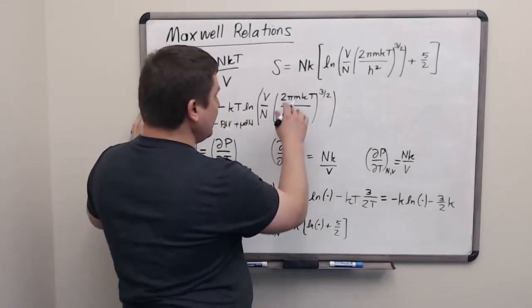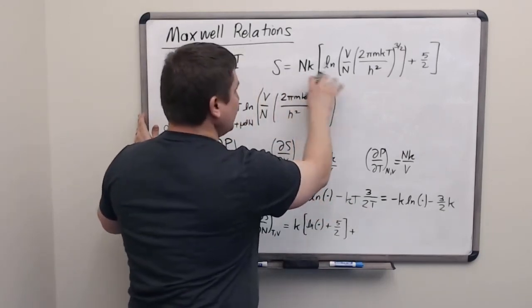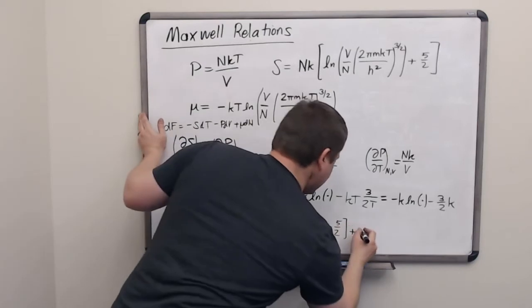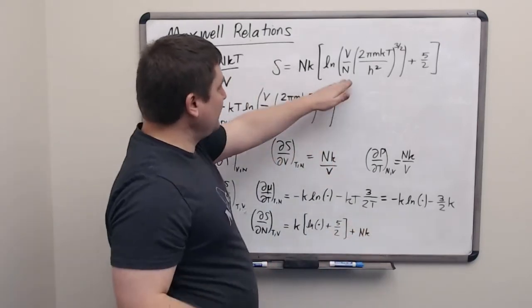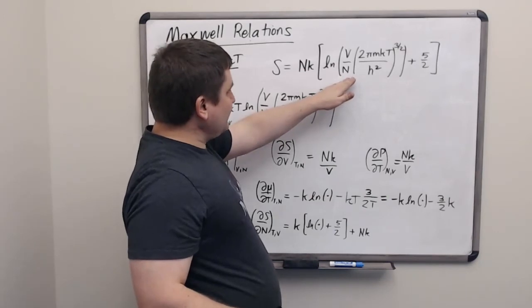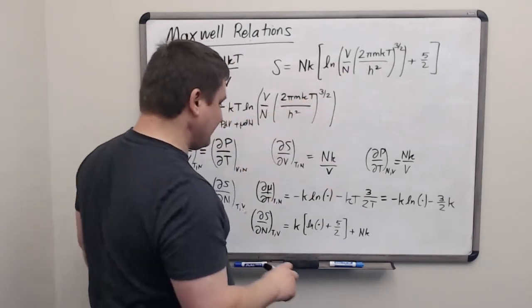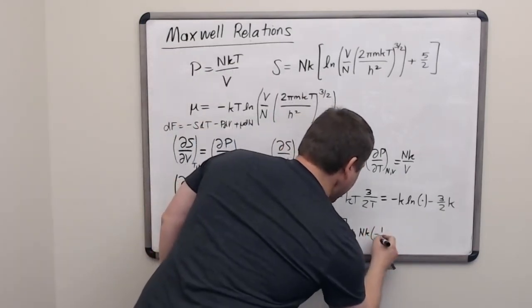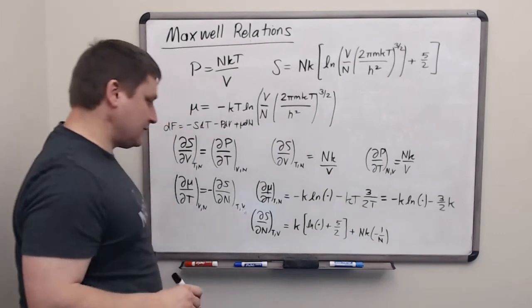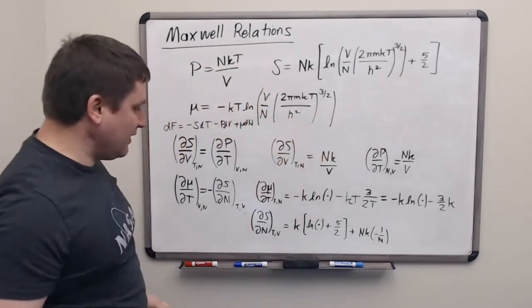And then in my second term, I'm doing product rule between this term and the square bracket. So I'll have nk. And then the derivative of this logarithm. So the logarithm has constants divided by n. So that's going to basically give us a negative 1 over n. The derivative of a 5/2 is, of course, 0.